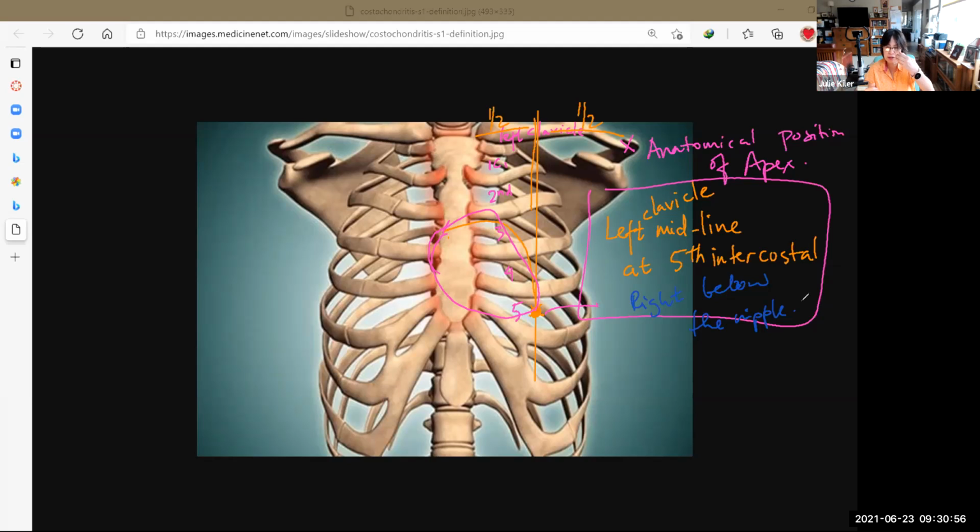Like this is the mountain, this is the nipple. You cannot really put the stethoscope over the thickness of the breast. So it's just like the foothill of the mountain. Now you can imagine, right? So this is me.